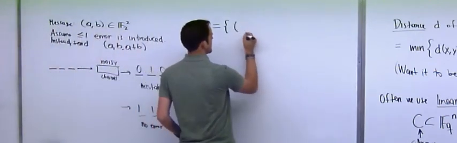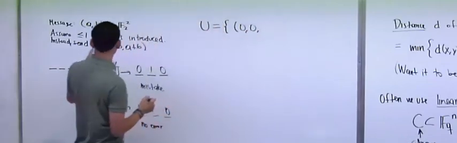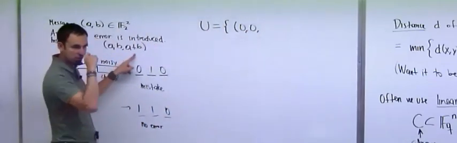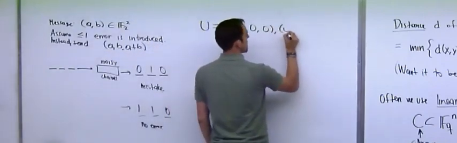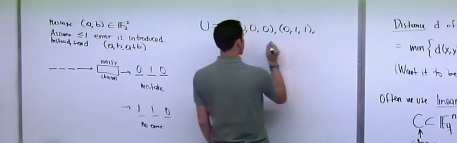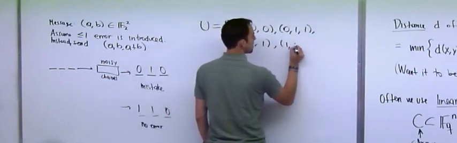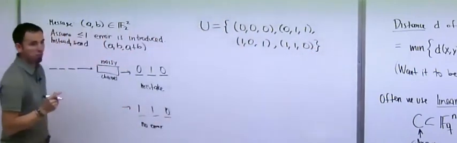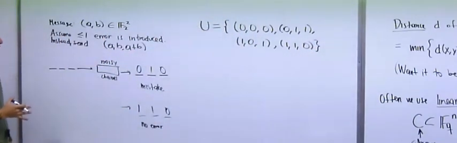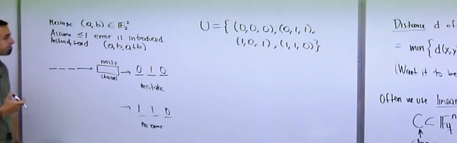Basically, the first 2 coordinates determine the third one. So if you have 0, 0, then the third one is 0. If you have 0, 1, the next one is 1. If you have 1, 0, the last one is 1. And if you have 1, 1, the last one is 0. So that's the code. Those are the possible words in my vocabulary. These are the only 4 messages that I could send to you.